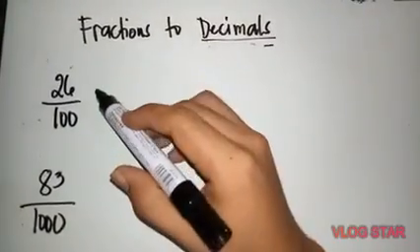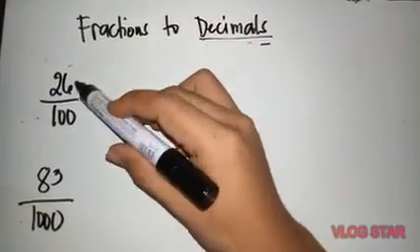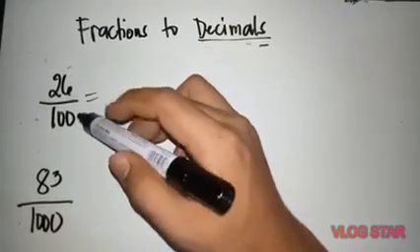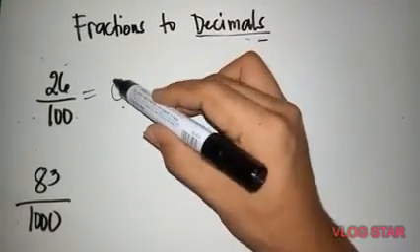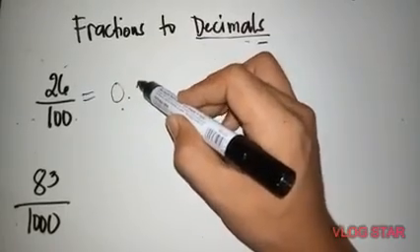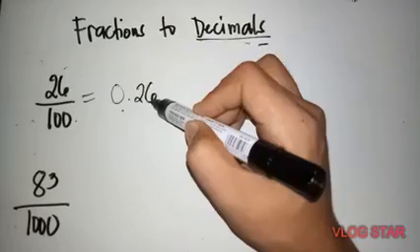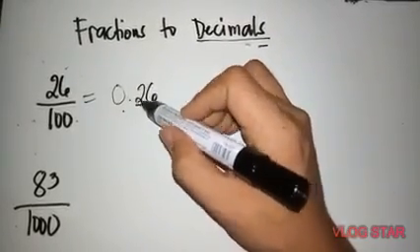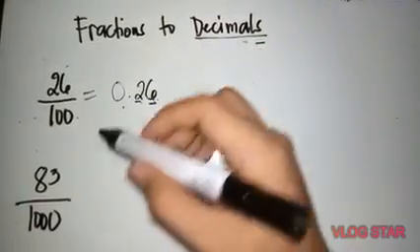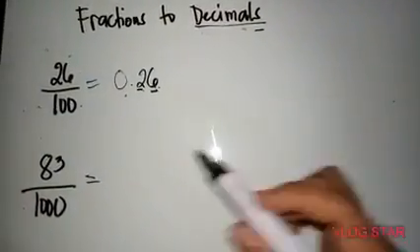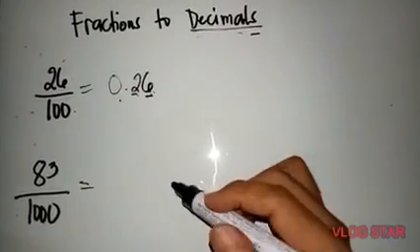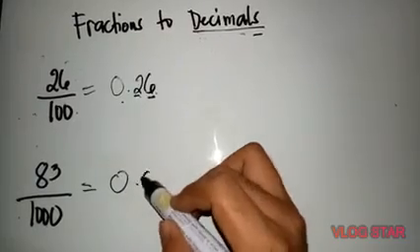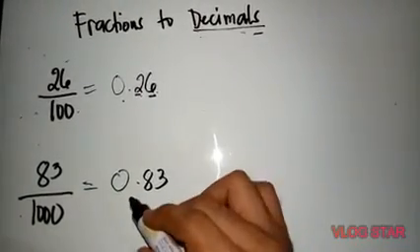So let's convert these fractions into decimals. We read this as 26 hundredths. If we're going to write this, 0.26. That's why we read this as 26 hundredths. Next, 83 thousandths. So how do we write this? Is this right?